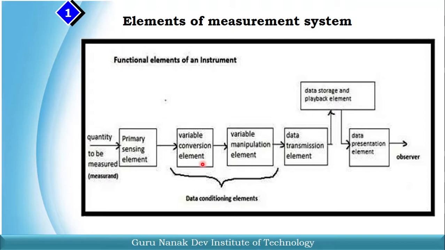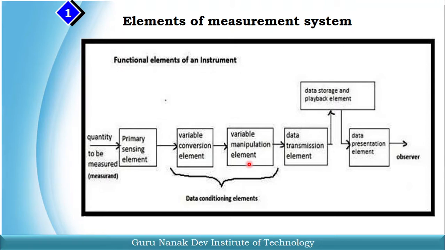Then the next part is the variable manipulation element. It is used to manipulate the data. Suppose the output of your sensor is very low. You first have to boost up the signal, and to boost the signal you need some amplifiers.